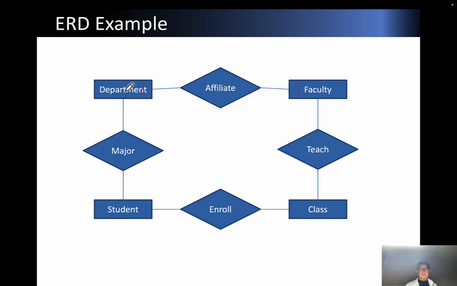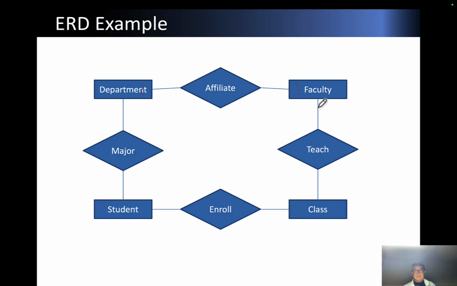Okay, so we have also department and students. Then students major in a department. If a dual degree or multi-degree is permitted, then one student can major in two departments. And also students and class, then students take a class. And if we see class, then a class has multiple students.